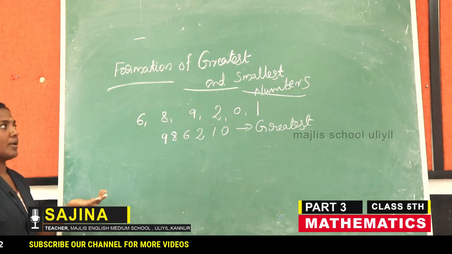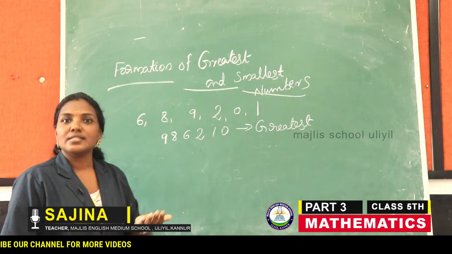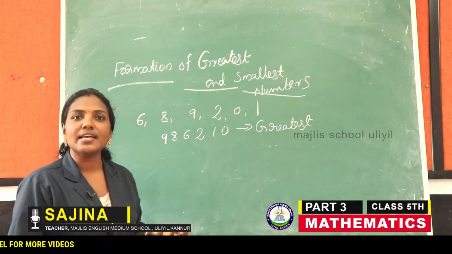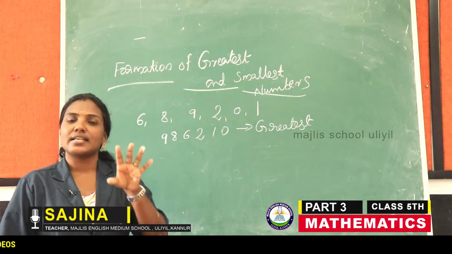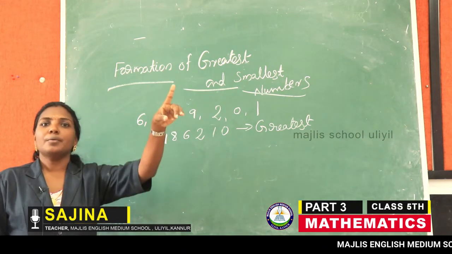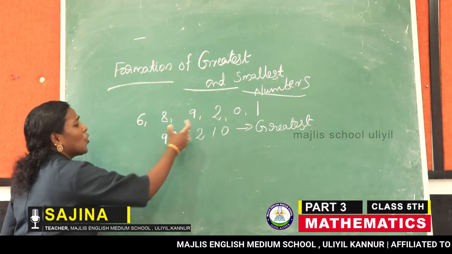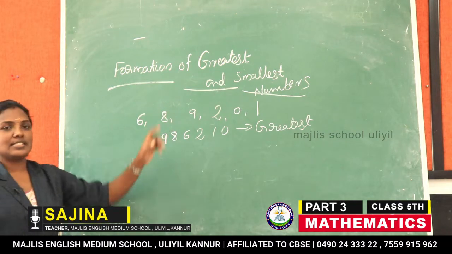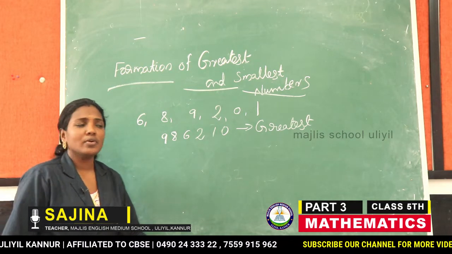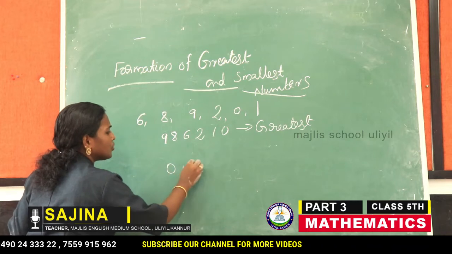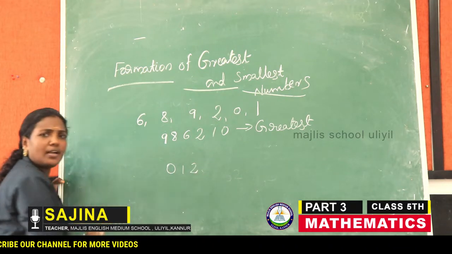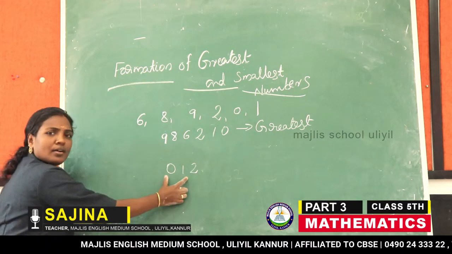Okay. Next, how to find the smallest number using these digits? Just opposite. Digits are arranged in ascending order. Ascending order means smallest to biggest. Here, which is the smallest digit? 0. Is 0, 1, 2 possible? Is this a number?